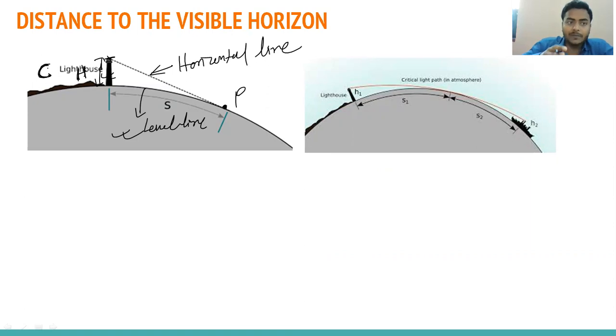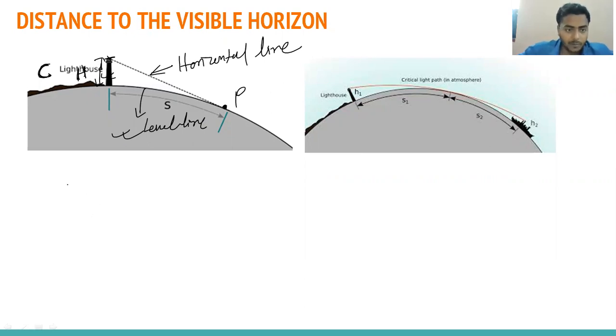That departure we got as the combined correction, from the reflection and the curvature of the earth. So at this point we are able to see the light of the lighthouse, and that height would be the combined correction. So we can write the combined correction here.